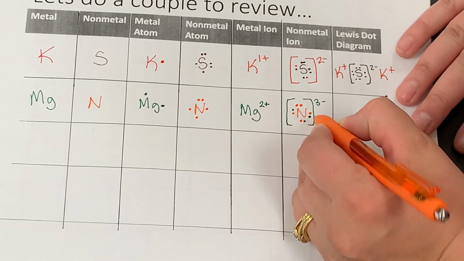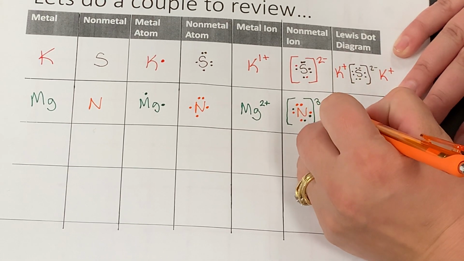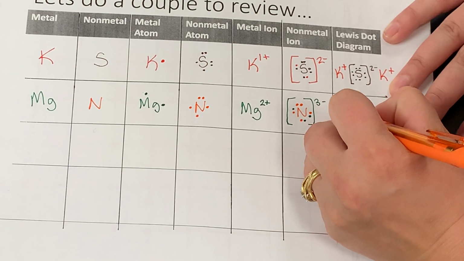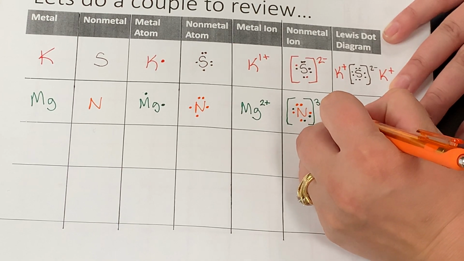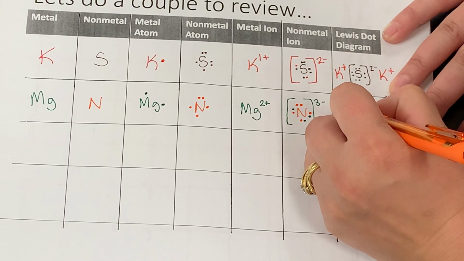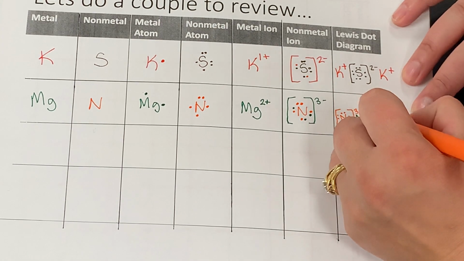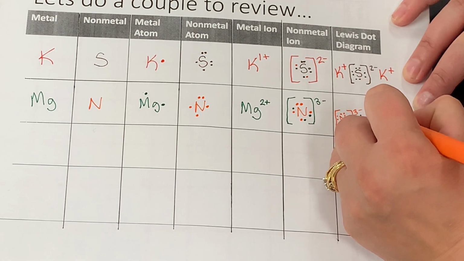So I have 2 nitrogens I'm going to put on here. I'm going to put 1 to the left. Don't forget your dots and your charge. I'm going to put 1 to the right.